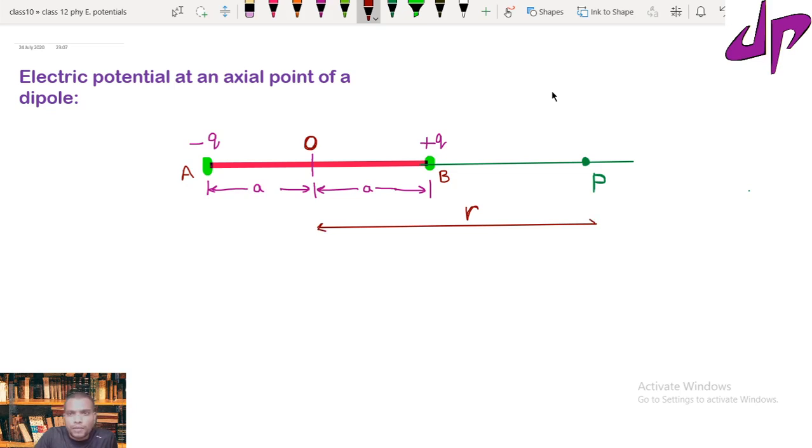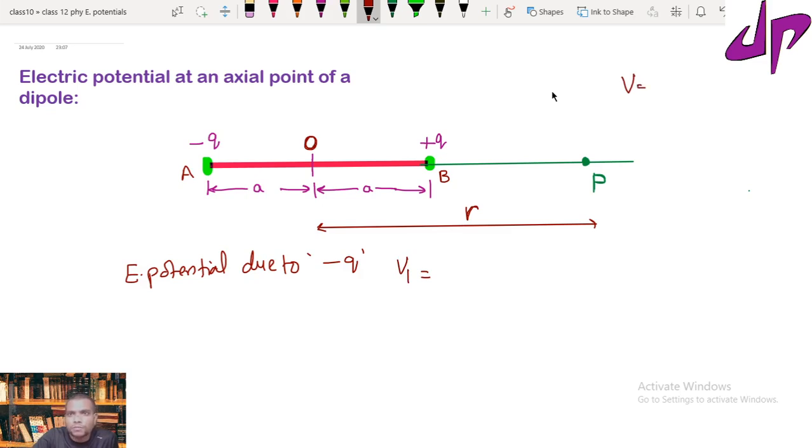So we need to find the electric potential value at a location along the dipole axis. Here the two charges are there, so the total potential is the sum of the individual potentials. Suppose we write the electric potential due to the minus q charge as V1. What is the potential formula?